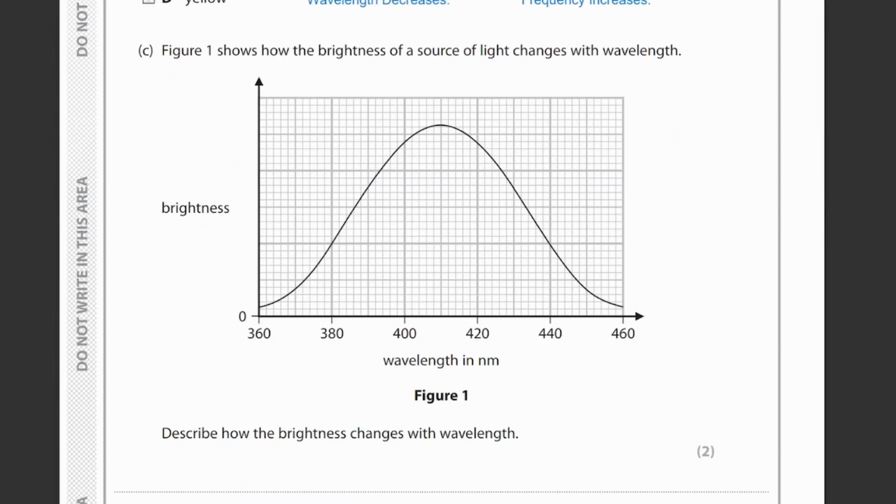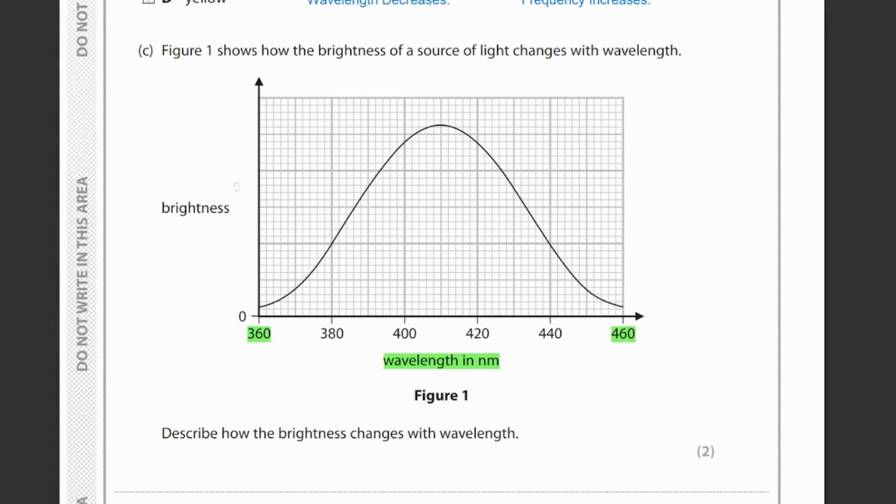Part C. Figure 1 shows how the brightness of a source of light changes with wavelength. So here you have a graph. On the x-axis is the wavelength in nanometers. They have given you numbers starting at 360 and ending at 460, so the wavelength is increasing as you go along the x-axis.